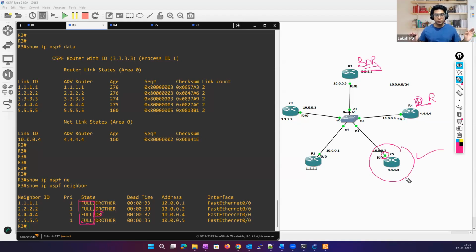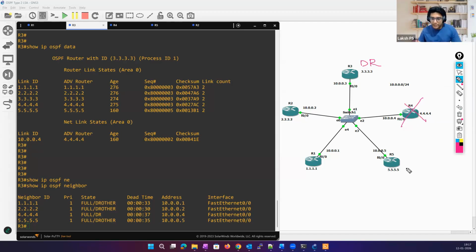This is the condition. So if R5 again wants to be a DR, what is supposed to happen? R4 needs to fail. When R4 fails, R3 will become the DR. And then again, there will be a BDR election.